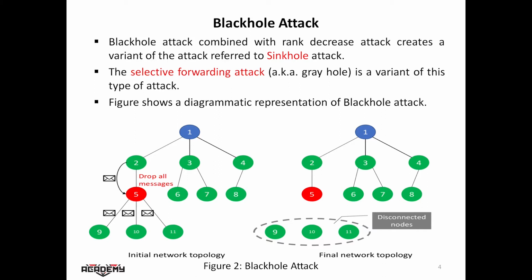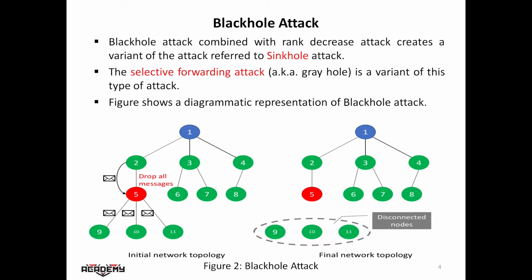We have the DIO, the DODAG information object, the DAO, the DODAG advertisement object, the DAO ACK, the DODAG advertisement object acknowledgement, and the DIS packet, the DODAG information solicitation.